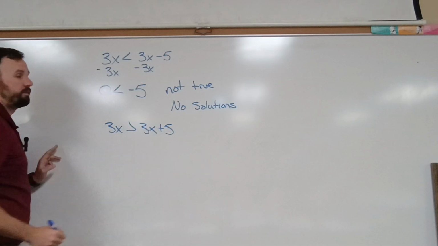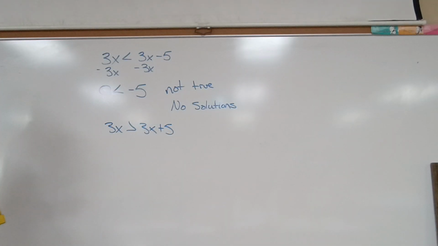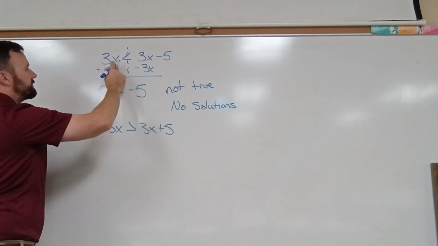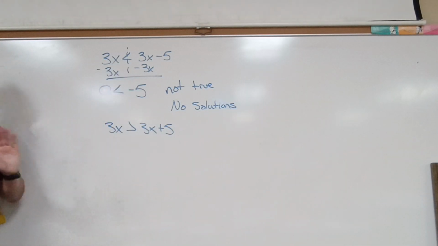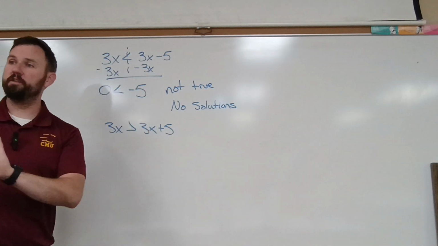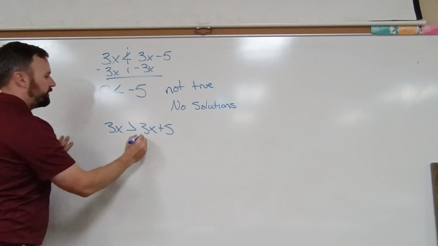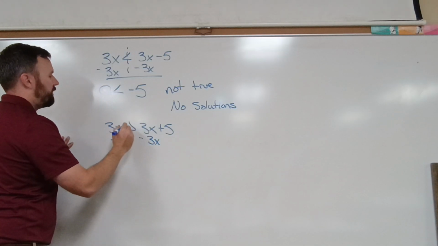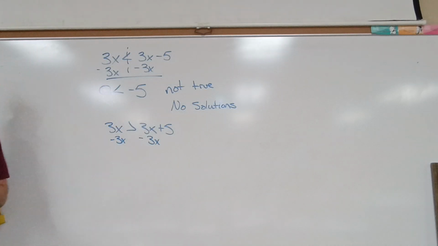Wait, I got a question. Are you subtracting 3x or 3x, because there's a 3x on both sides? So I need to move. Okay. I'm trying to move all my x's to one side. If there was another inequality symbol, I would do it to all 3 sides. Just the 3, not the 3x?